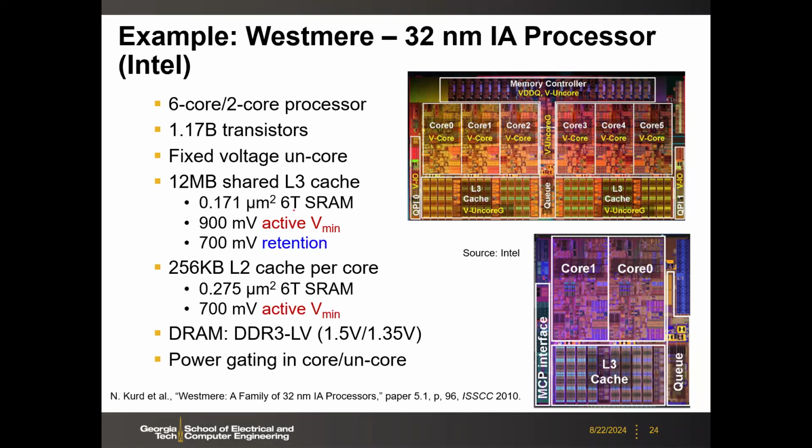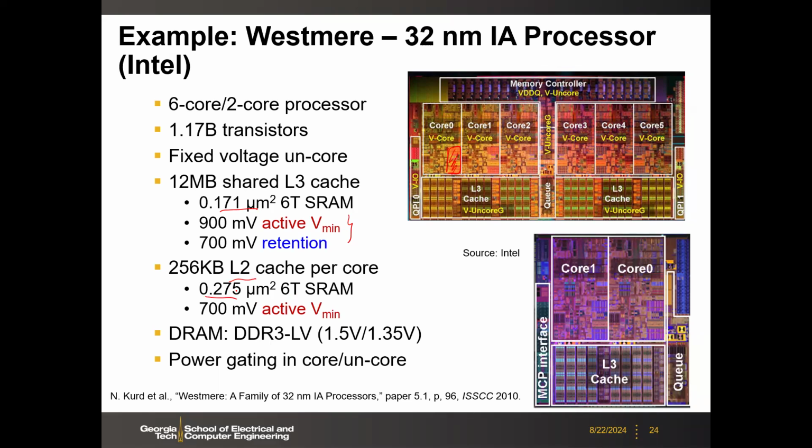Here, each individual SRAM cell occupies a 0.171 micrometer square silicon footprint. It operates on 2 VDD, depending on the operation mode, active or standby retention mode. For the L2 cache, which is within the core, each SRAM cell will occupy a larger area.